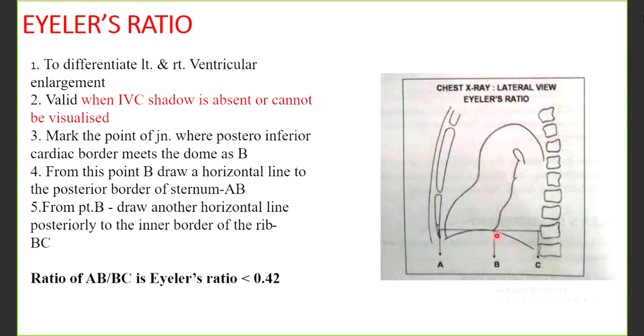What happens when the left ventricle gets enlarged? This border becomes like this, more and more posterior and more inferior. That means this B point will keep moving more and more this way, and that means the ratio will become more and more.